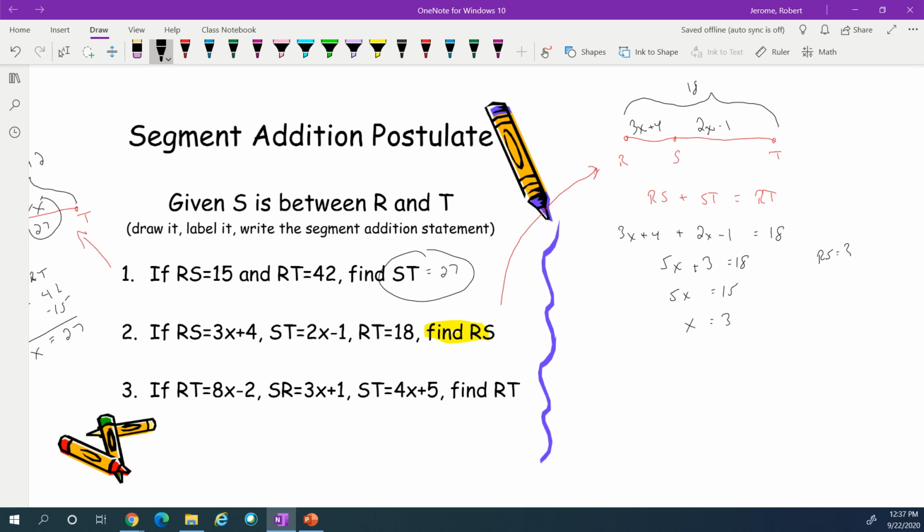RS, they told me, was 3x plus 4. Well, 3 times 3 plus 4, and RS equals 13. That is the correct answer. I need to find my x and plug it back in.